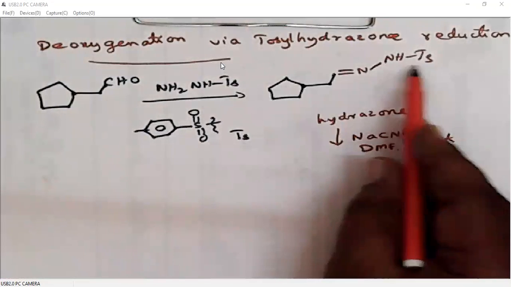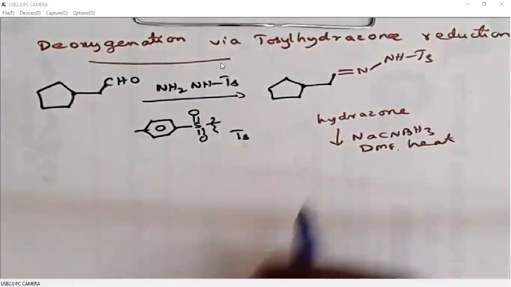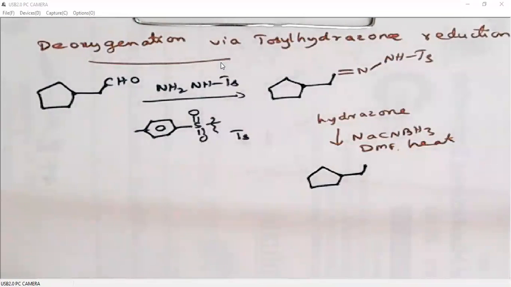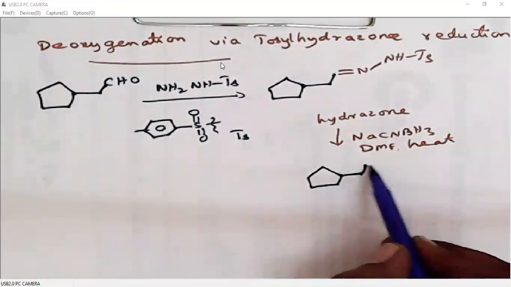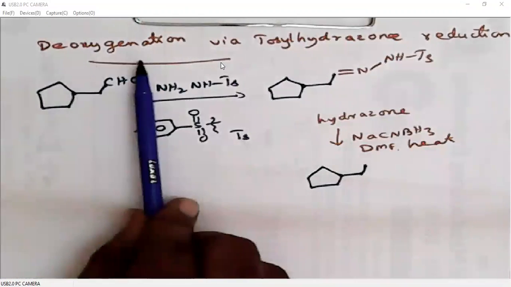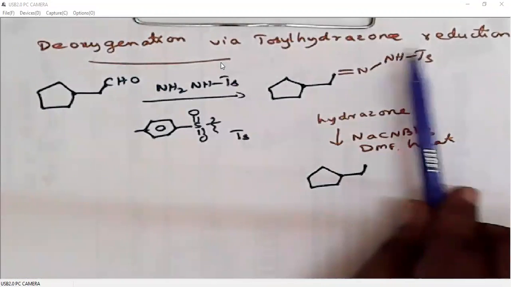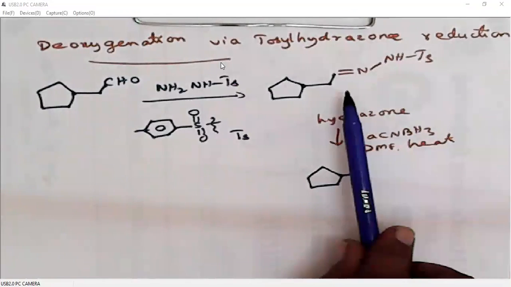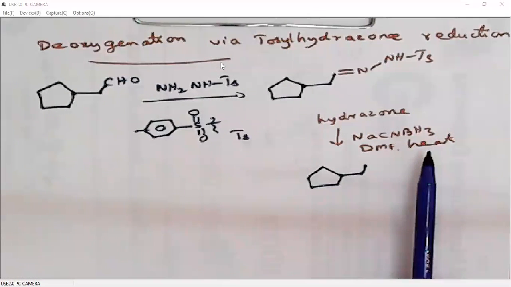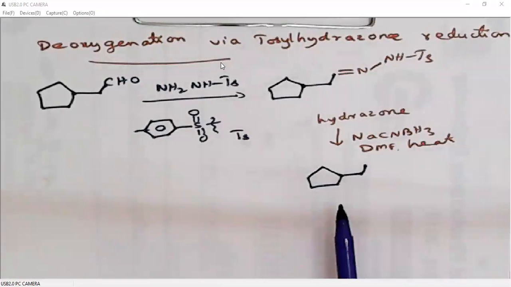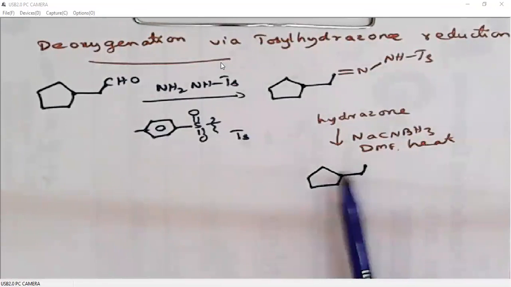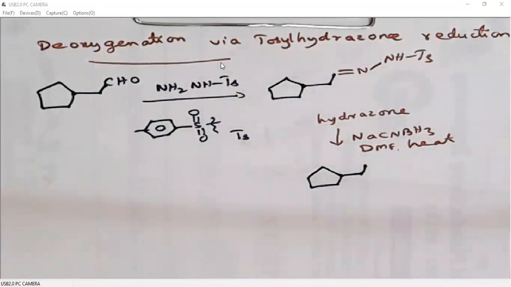Because of this leaving group, it will be completely reduced like this. That means it will not have the amine, and it will not have the previous oxygen either. So that is why it is called deoxygenation via tosyl hydrazone reduction. We are generating the tosyl hydrazone from the carbonyl, and when we reduce the tosyl hydrazone, it is completely reduced. So the C single bond N also will break down.